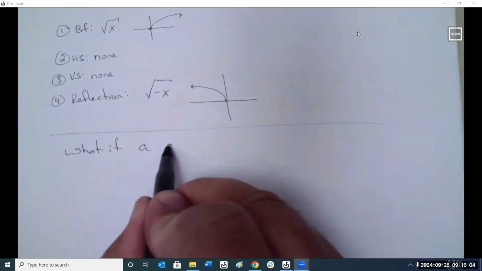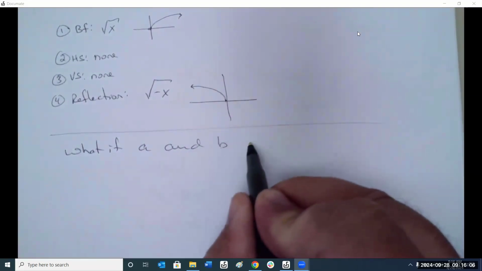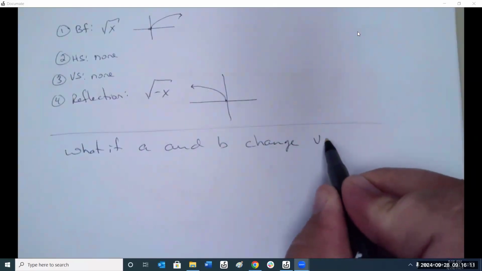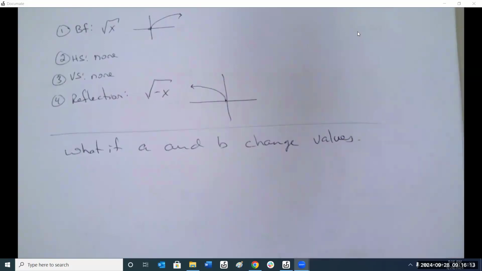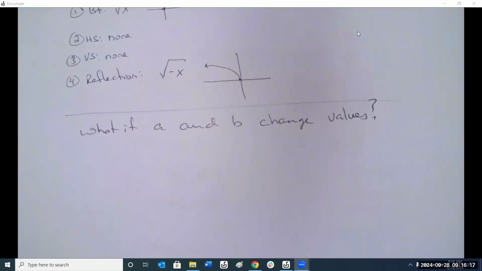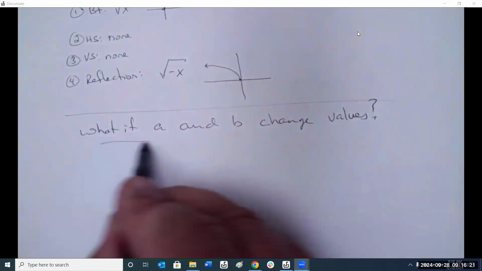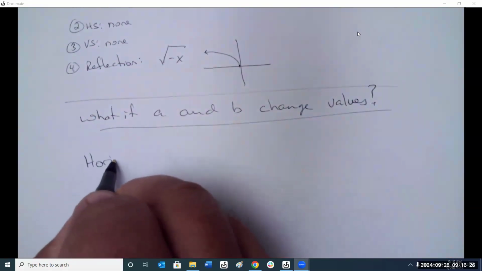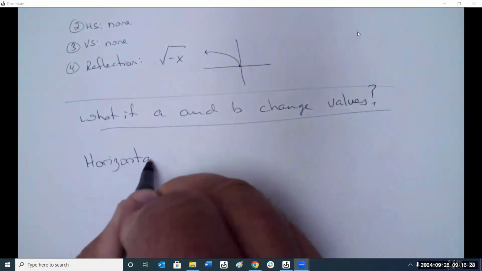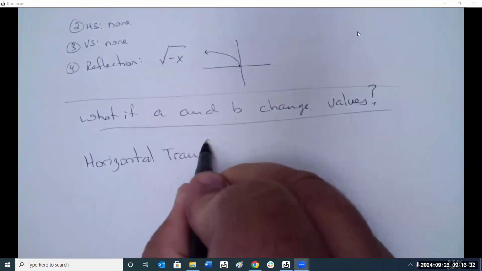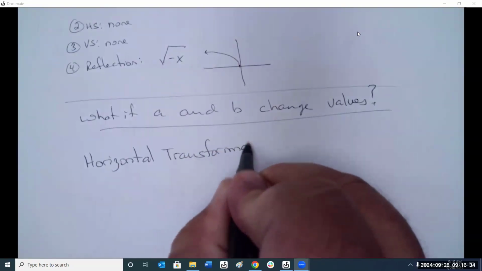What if A and B change values? Horizontal transformation.